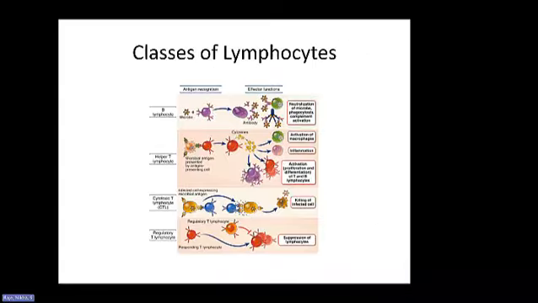So we talked about three different lymphocytes already: B cells that produce antibodies, and these antibodies help in neutralization of microbes, help in phagocytosis and complement activation. Whereas helper T cells that we looked at produce these molecules called cytokines, and these cytokines will determine what kind of cell it can help.